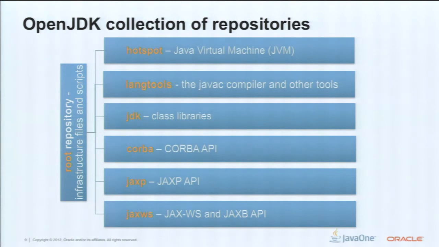For example, the hotspot repository is actually the Java virtual machine implementation. The JDK repository is the class libraries implementation. So we have a total of 7 repositories: 1 infrastructure repository, and 6 repositories related to the functionality of OpenJDK.